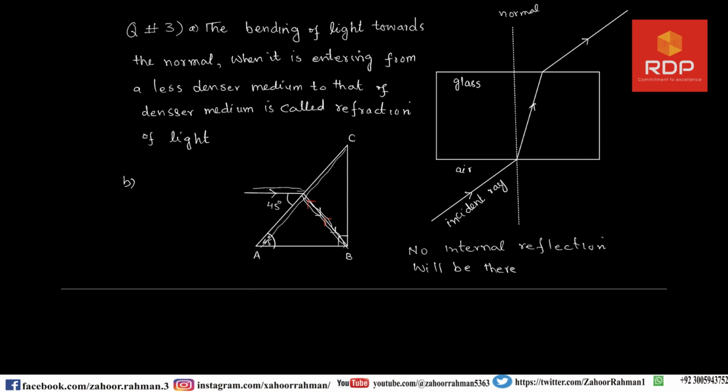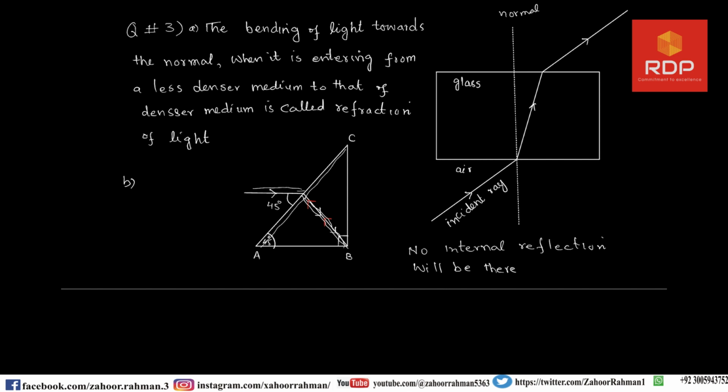And I told you that on the path this ray is going to hit the surface AB and BC junction vertex, it will go back on that line again, as I showed by the red arrows. So the white arrow is showing that it is going on the same path, and the red arrowheads are showing that it is coming out again on that path. So there will be no internal reflection.